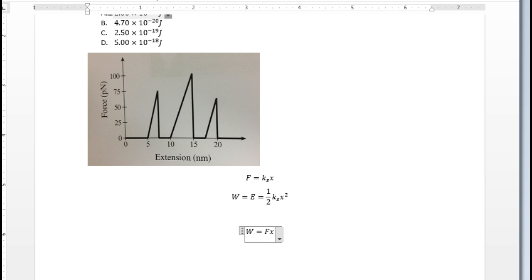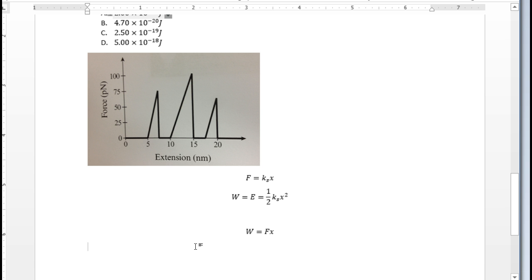But we don't have a constant force. What we have is a changing force applied over a distance of 5 nanometers. So how do we calculate the actual work done? Well, we use a graphical method. And the graphical method basically says the work done is the area under the curve, right? The area under the curve.